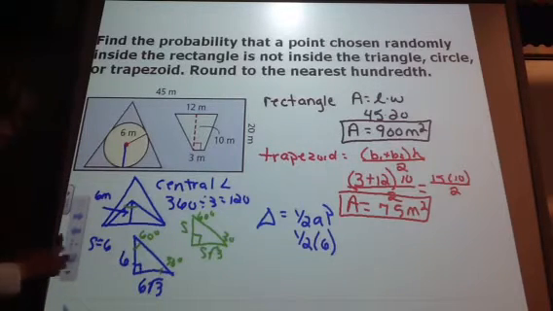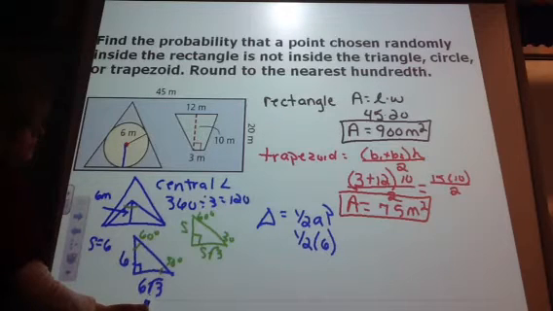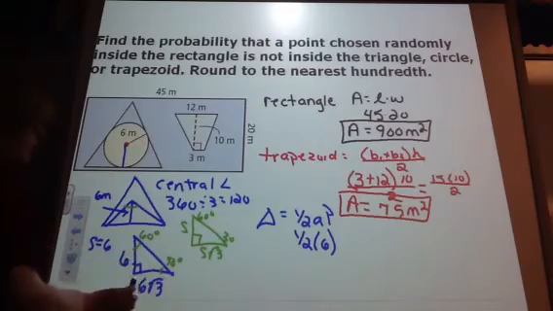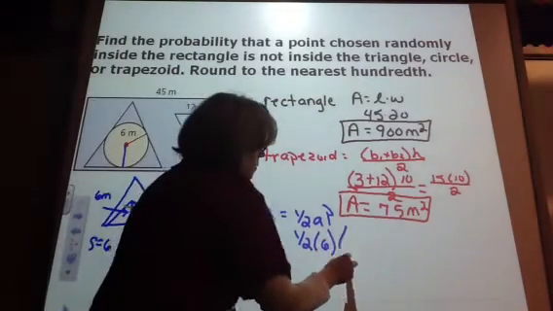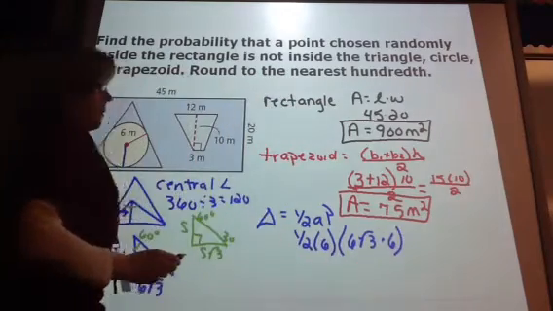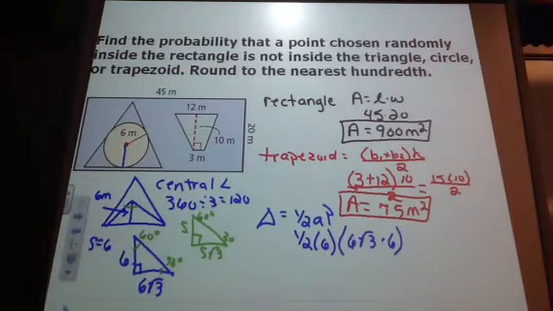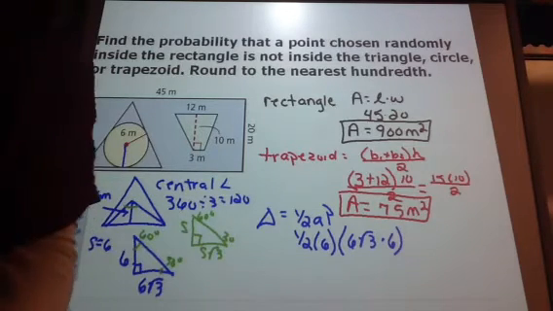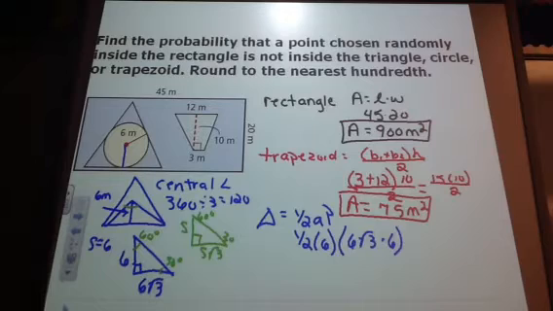So to find the perimeter, we have to take 6 times the square root of 3 and multiply it by 6, because that's only half of that segment. So we're going to take 6 square root of 3 times 6, and that's going to give us the perimeter. I need to do that, so hold on, let me get a calculator.